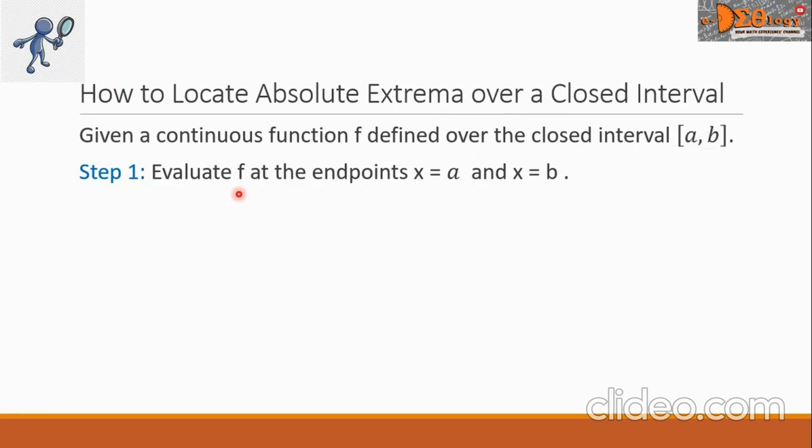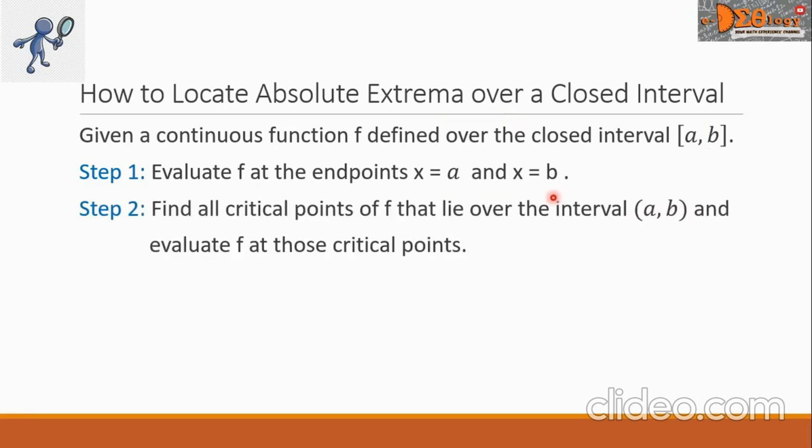Evaluate the function f at the endpoints x equals A and x equals B. Step 2. Find all critical points of the function f that lie over the interval from A to B, and evaluate the function f at those critical points.